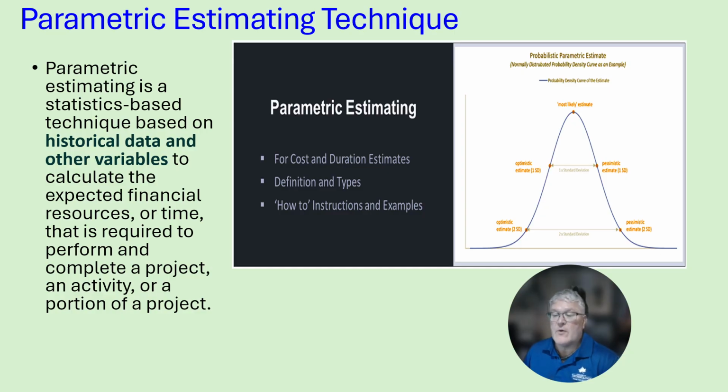Here on the right-hand side is a brief visual showing probabilistic parametric estimating, showing an optimistic estimate, a pessimistic estimate, and then the most likely estimate, using a bell-shaped curve.